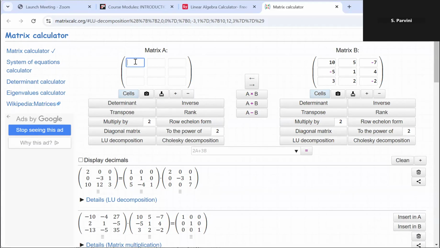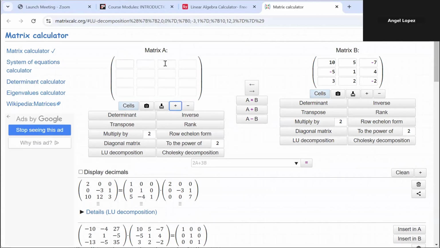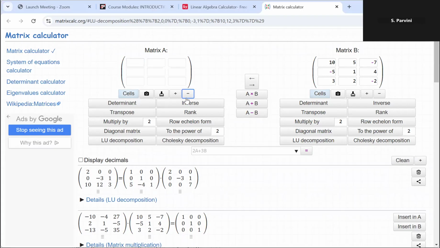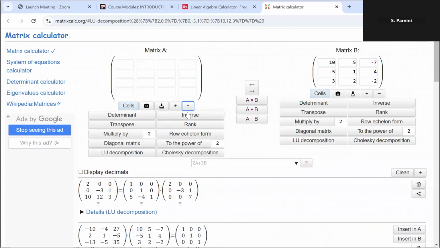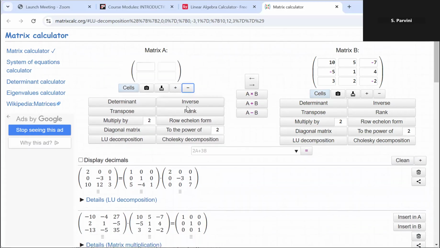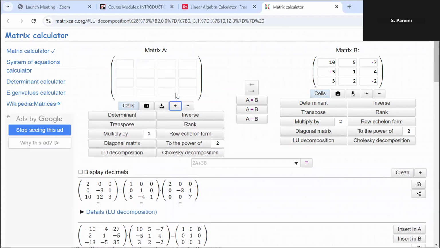So the original matrix is going to be what size? 4 by 4, correct? Because we have x sub 1, x sub 2, x sub 3, x sub 4. If you hit plus here, it makes it bigger, and minus makes it smaller. So we want 4 by 4. There you go, 4 by 4.